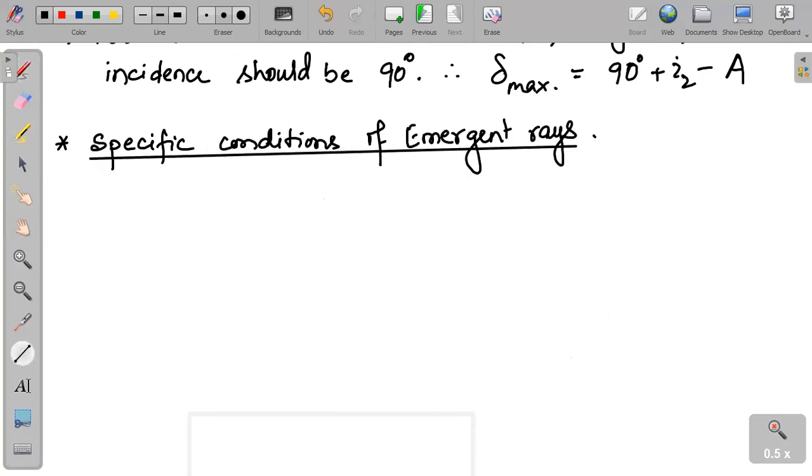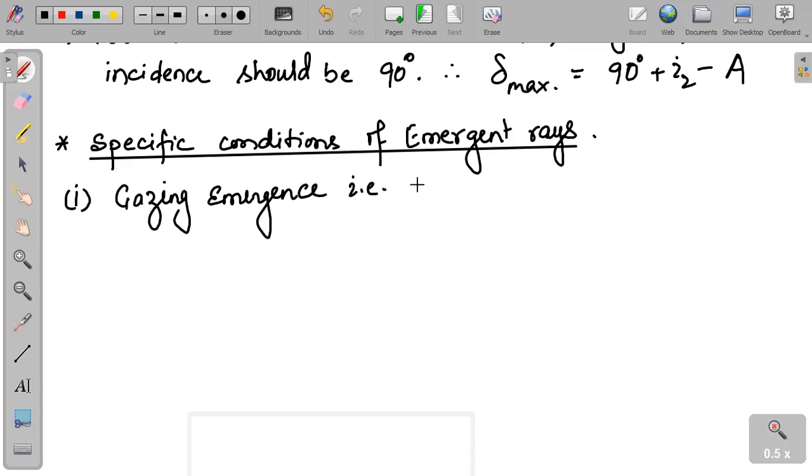The first one being grazing emergence, that is I2 is equal to 90 degree.